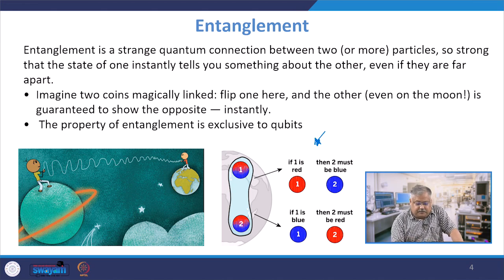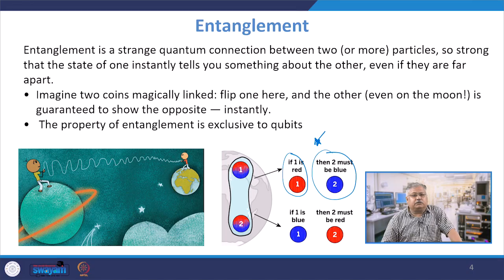If I say that the opposite must happen, then if 1 is red, then 2 must be blue, which means there are two states, red and blue. So if on Earth you have red and it is entangled with a quantum state on the moon, then the opposite will happen: the state 2 on the moon is a blue state.